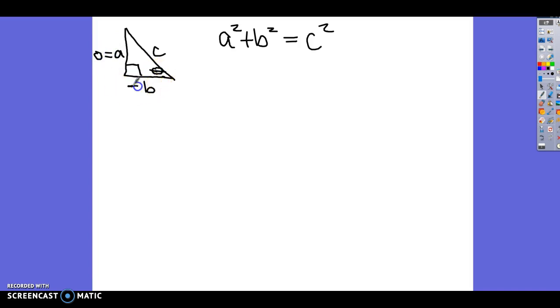It's beside the angle, so this is known as adjacent. And this is across from the 90, so this side is known as your hypotenuse. Okay, so knowing the different sides is important.